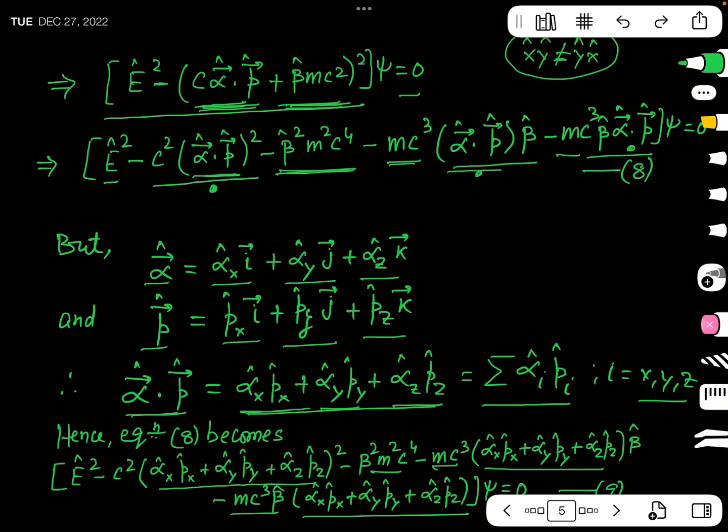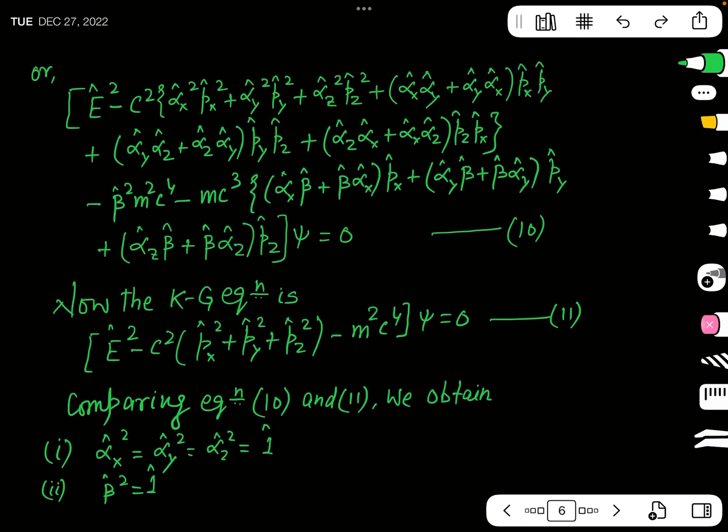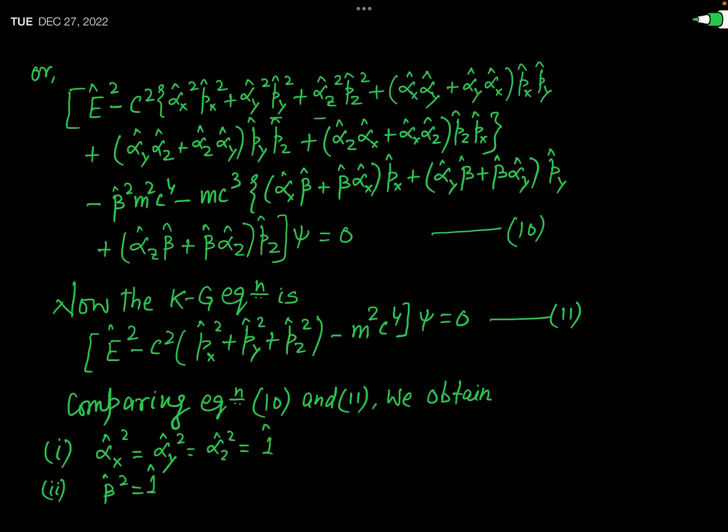You can see, when you simplify it, the result will be like this: E hat square minus c square times alpha x square px square plus alpha y square py square plus alpha z square pz square, plus alpha x alpha y plus alpha y alpha x times px py, plus alpha y alpha z plus alpha z alpha y times py pz, plus alpha z alpha x plus alpha x alpha z times pz px.